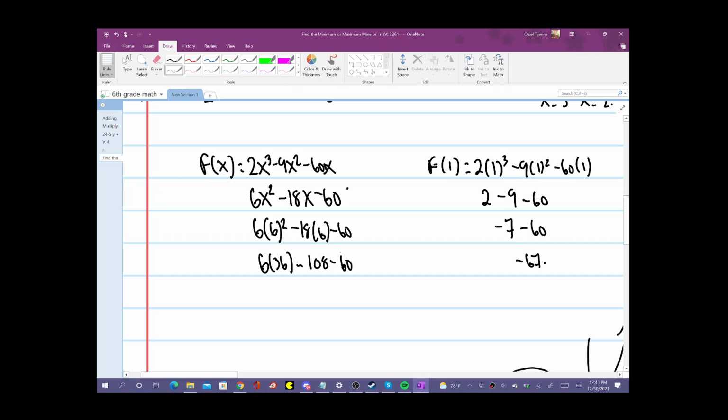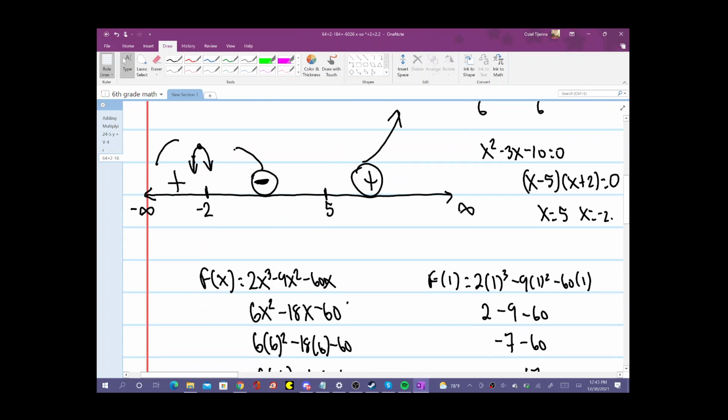So 36 times 6 is 216 minus 108 minus 60. So 216 minus 108 minus 60 is 48. So this is actually positive.